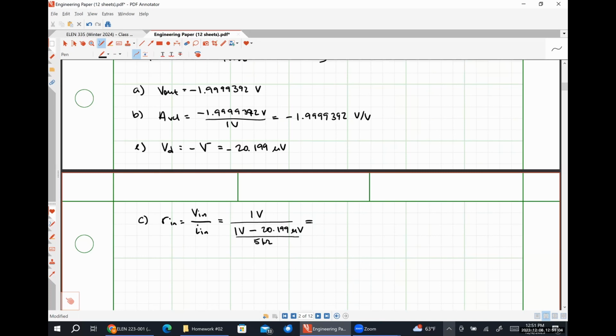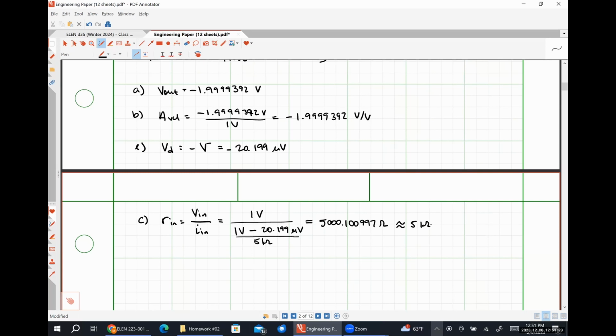And so this is going to come out to be 5,000.100997 ohms, or approximately 5 kilo ohms.